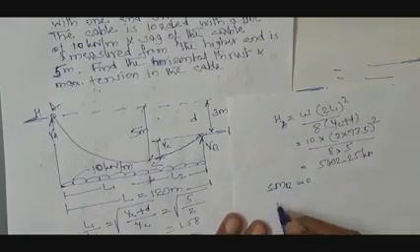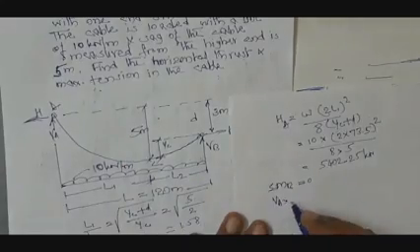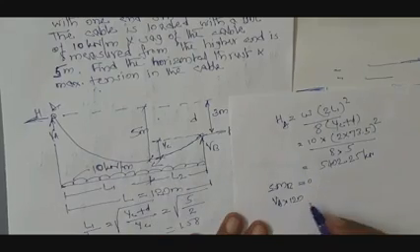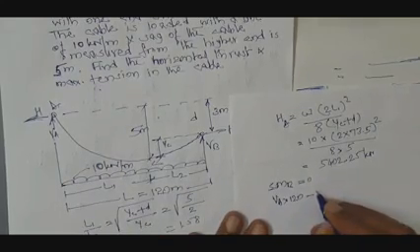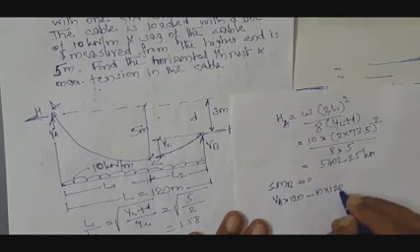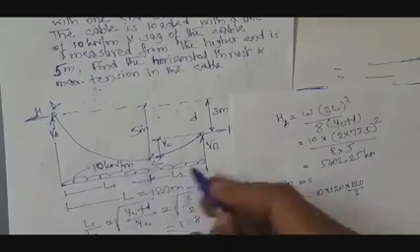So VA into this much, that is 120, minus this UDL, minus 10 into 120 into 120 by 2, that is the moment due to this UDL.